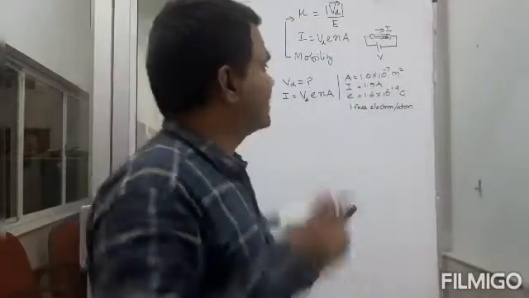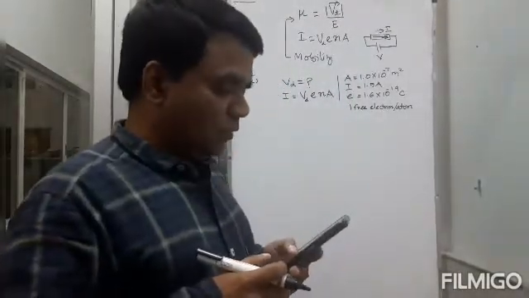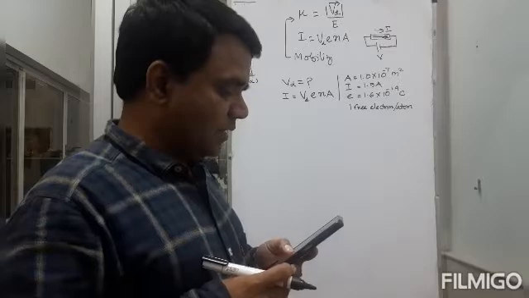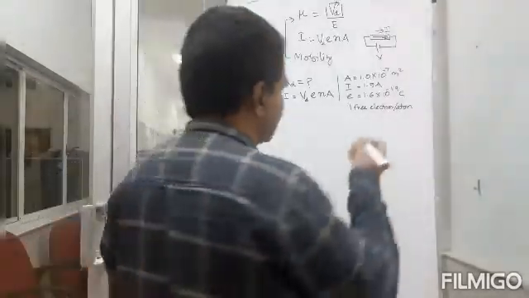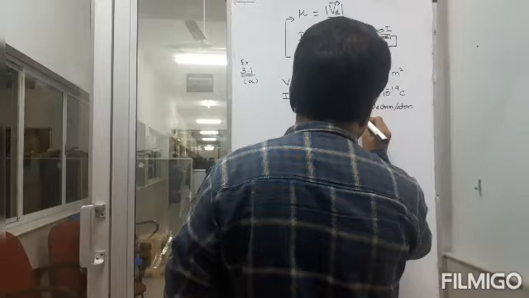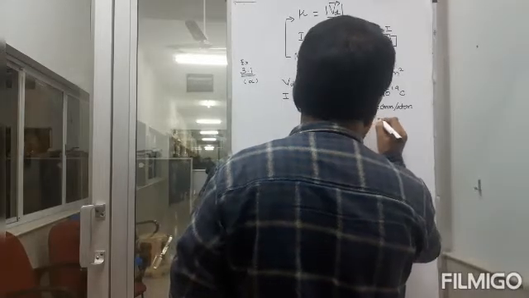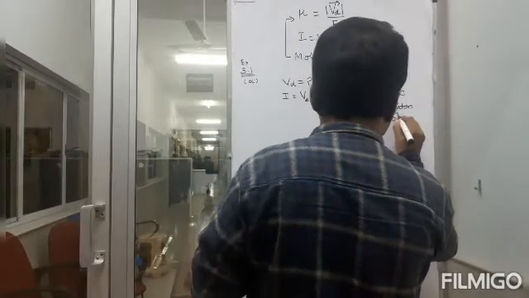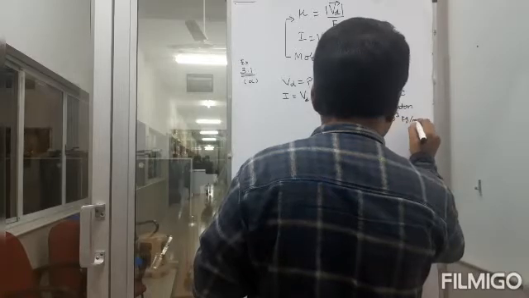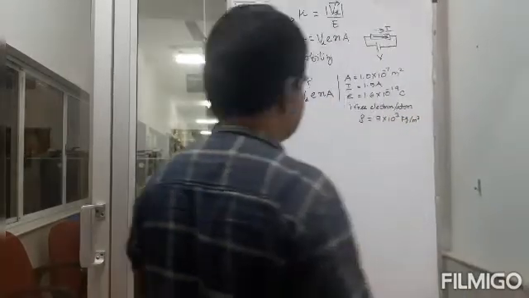Okay. Next. They have given you the density of copper. So rho, in this case, is mass density, equal to 9 into 10 power 3 kilogram per meter cube. So that's the density of copper.